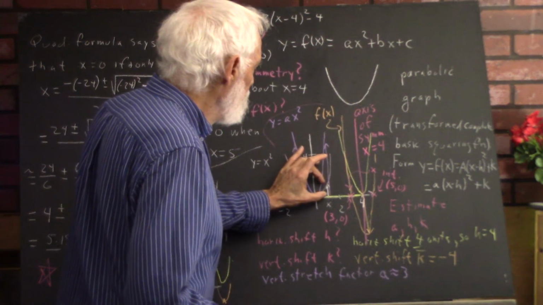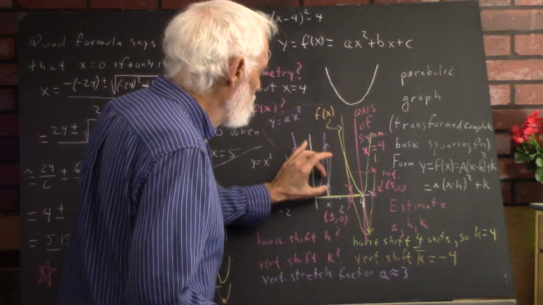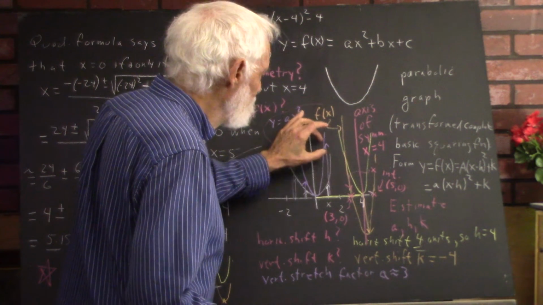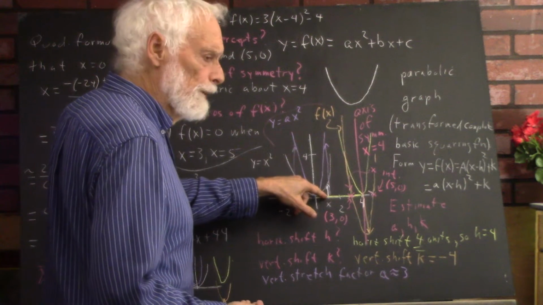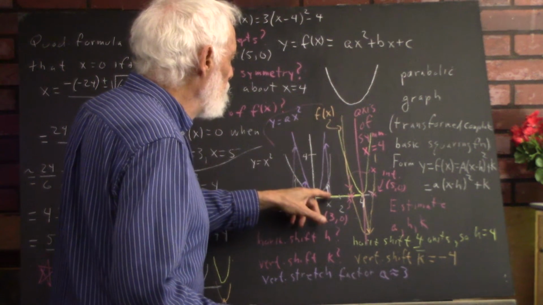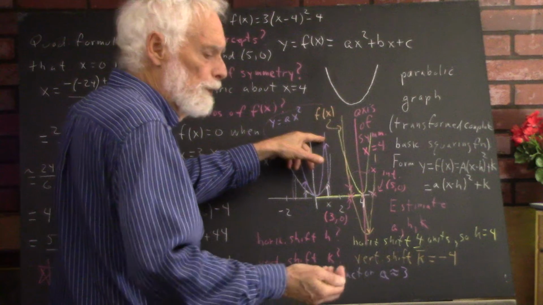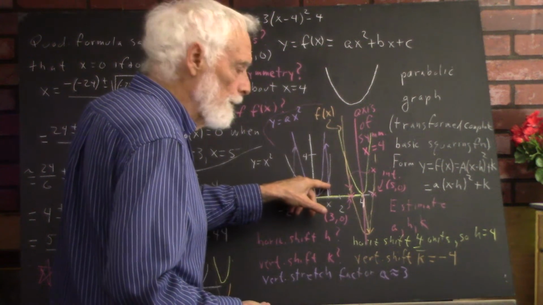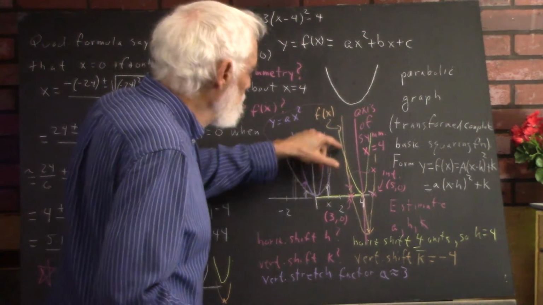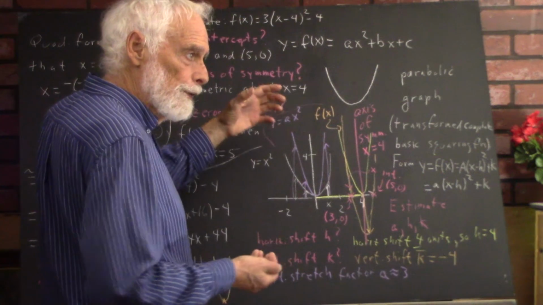And we saw that that arrow is about 1, 2, 3, maybe 3.5 times as long as this arrow, meaning that the y-coordinate here is 3.5 times as great as it is here, meaning that the x squared function was vertically stretched by a factor of 3.5.